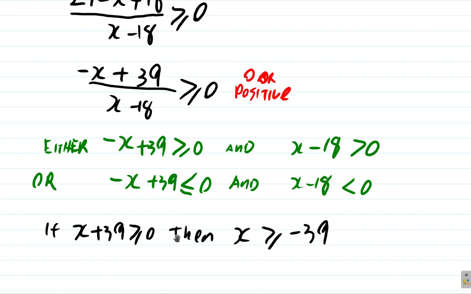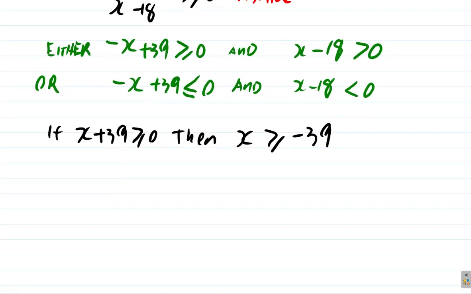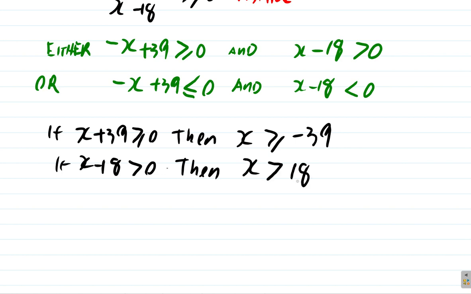You see that? And x minus 18 is greater than 0, then x will be greater than 18. Alright? So that is one case.